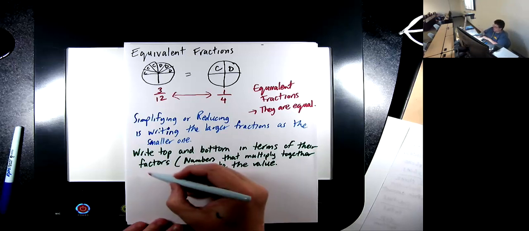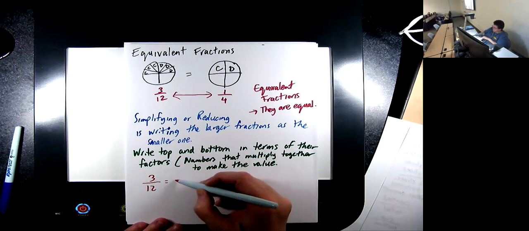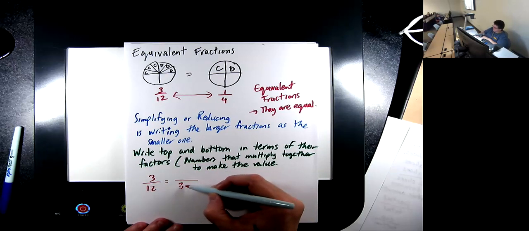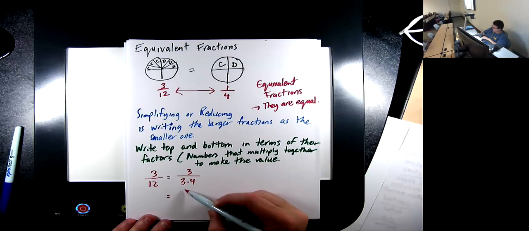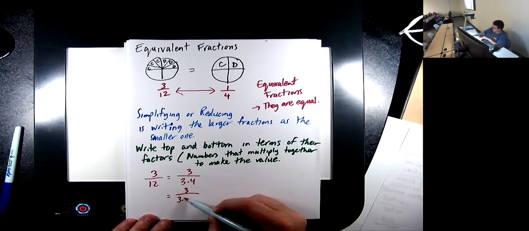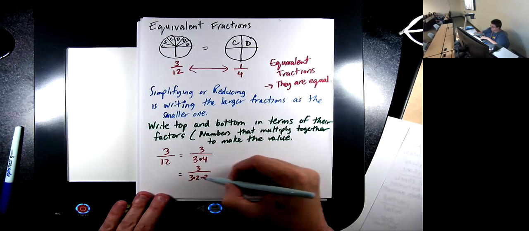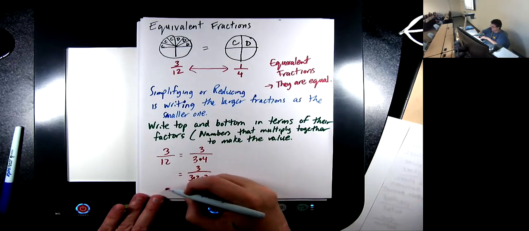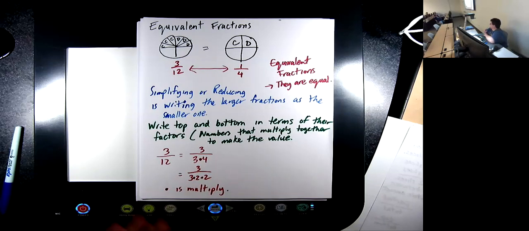So I'm going to start with 3/12. And 12, I can write as 3 times 4. I could also write this as 3 times 2 times 2. The dot means multiply. It's not like where the decimal goes, it's a little higher up.